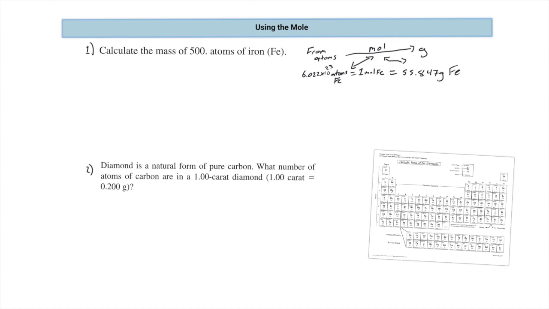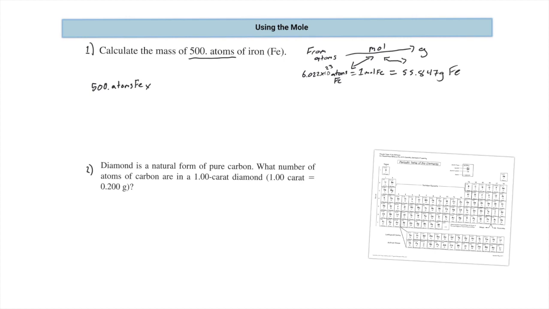We can set up our problem in dimensional analysis. We know that we're starting with atoms. Or, I'm sorry, we're starting with atoms. 500 of those atoms. 500 dot. Remember, the dot matters for sig figs. Of iron.